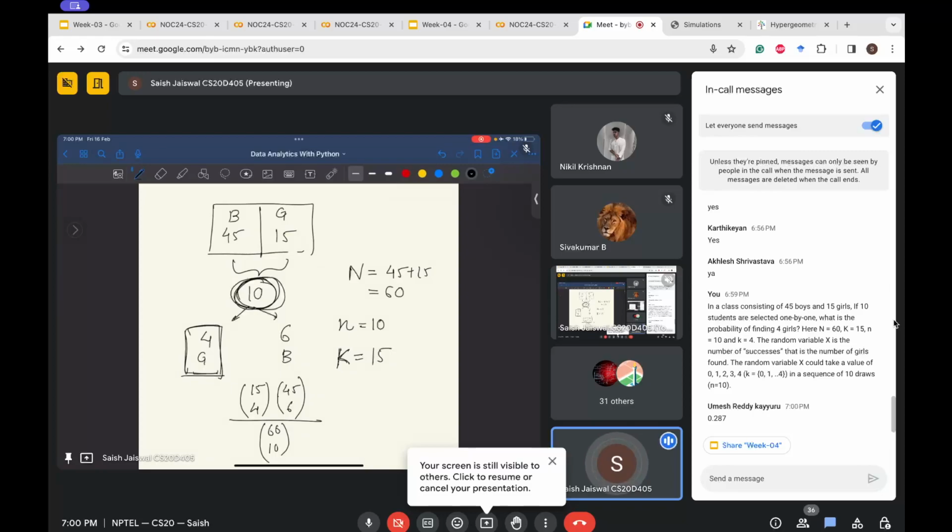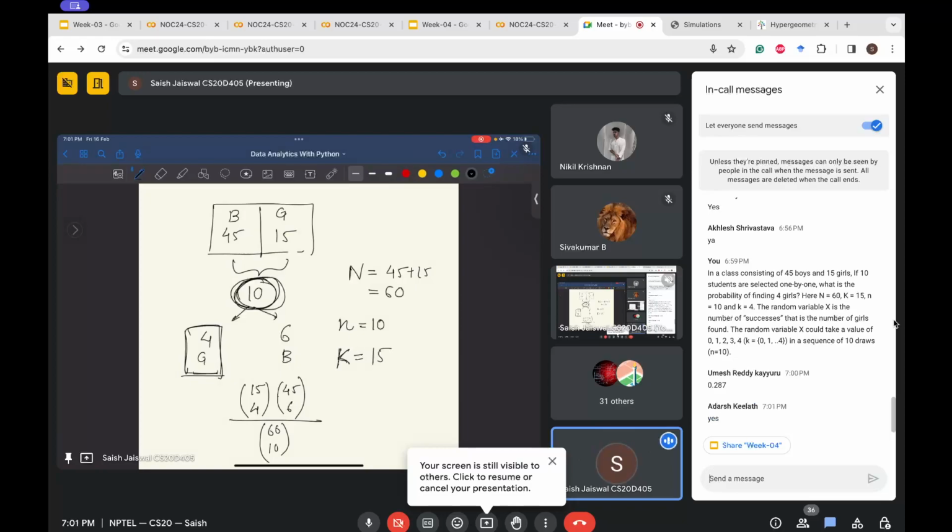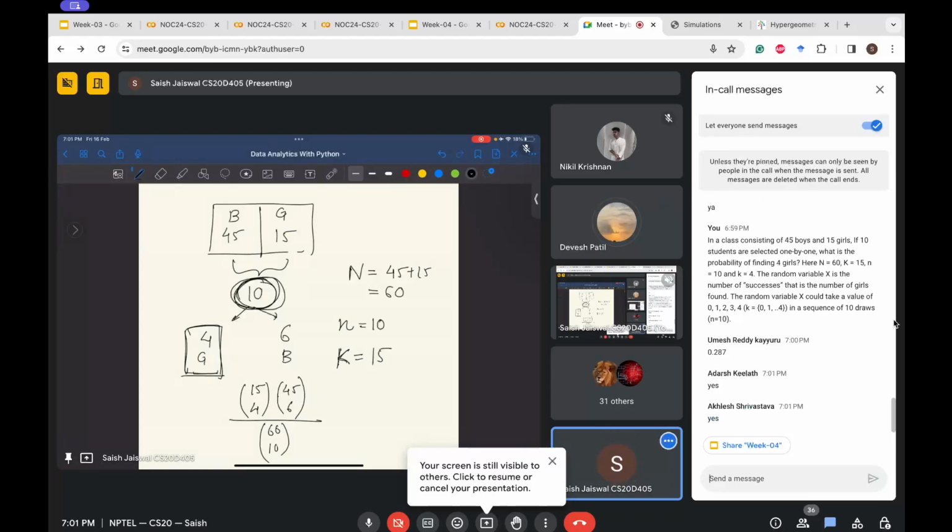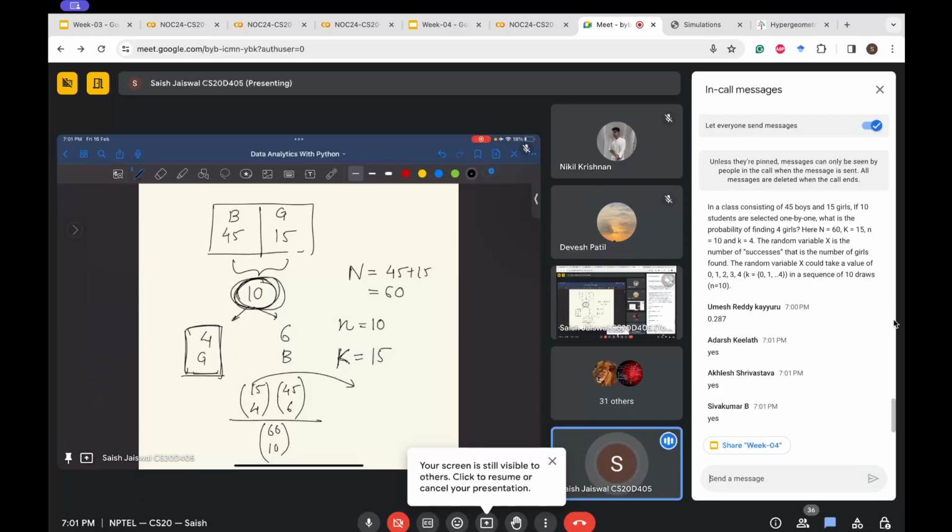Is it clear? This is nothing but small k over here. These notations, by the way, are not universal for hypergeometric distribution. Every place you might find some different notations.